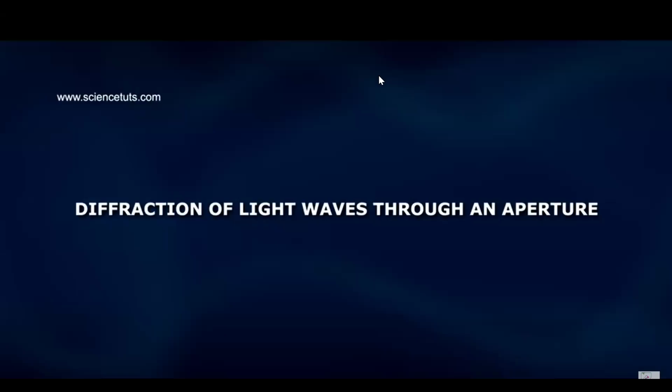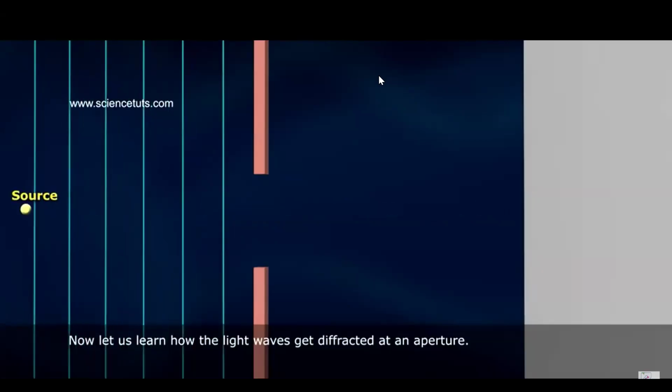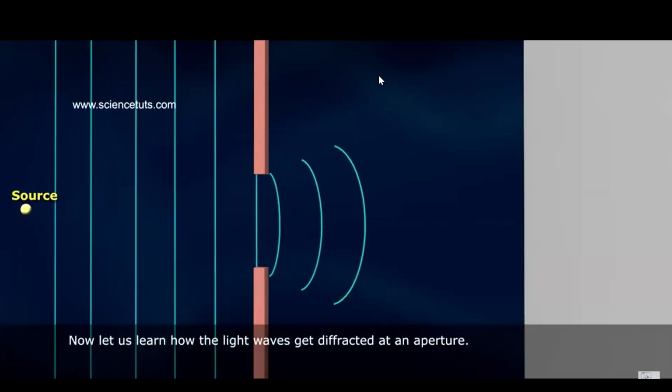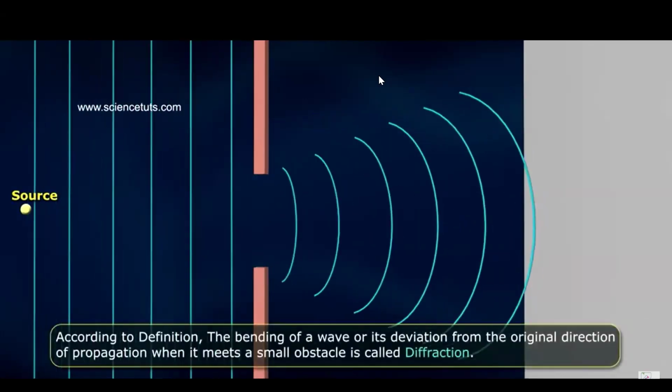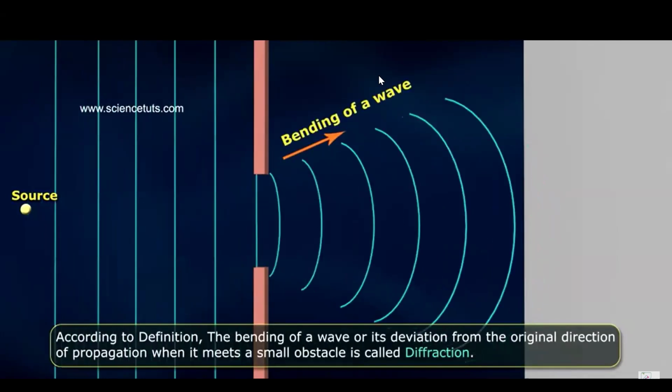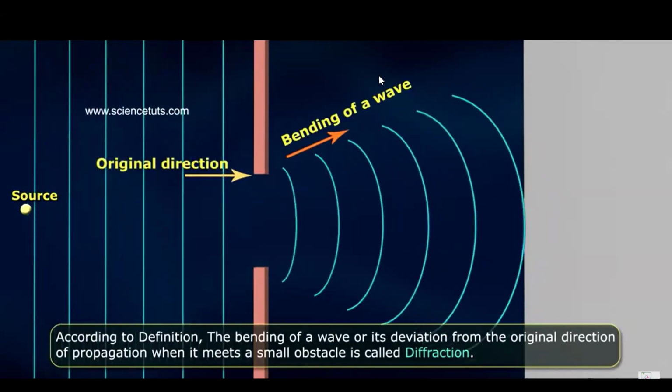Diffraction of light waves through an aperture. In our earlier session, we have learnt about diffraction. Now let us learn how light waves get diffracted at an aperture. According to the definition, the bending of a wave or its deviation from the original direction of propagation when it meets a small obstacle is called diffraction.